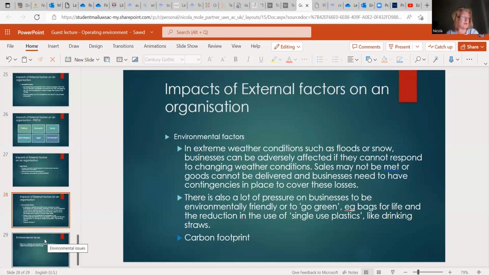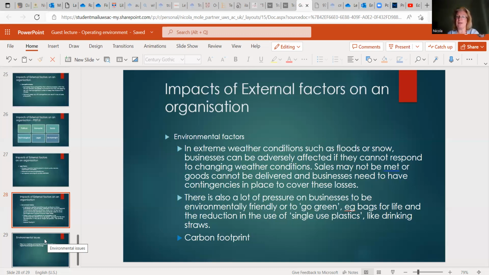There's also a lot of pressure on businesses to be environmentally friendly or to go green, to work sustainably, all right? So not to exploit and use too many environmental resources. So you might find that a lot of supermarkets are now not giving you a plastic bag to take your shopping home, and you might be expected to buy a bag that you can reuse again and again and again.